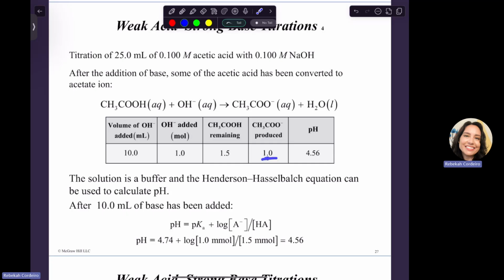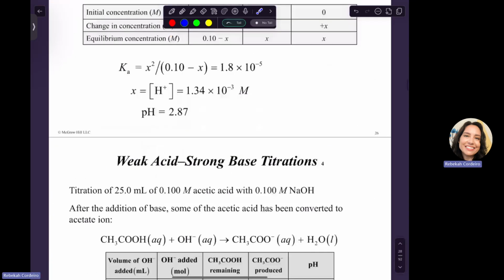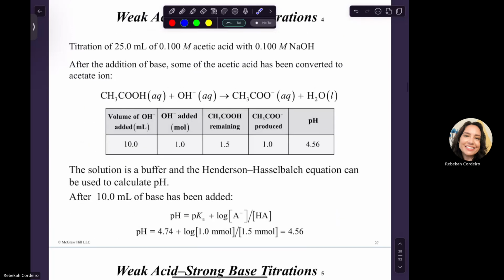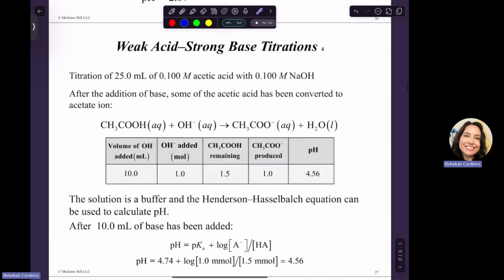We would make 1 mole of the acetate, and we would have used up some of the acid. So then we would plug this into Henderson-Hasselbalch and get our pH, because now we have a buffer. So that buffering region, we can use Henderson-Hasselbalch to help us with that. So you would use the after change table. You could kind of figure that out.